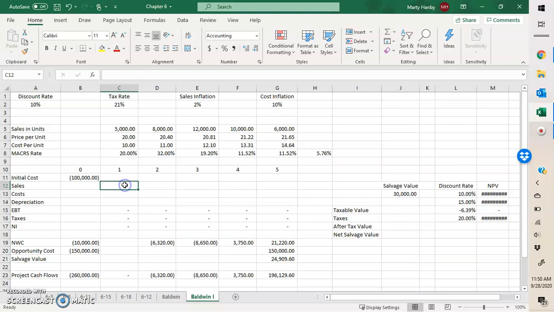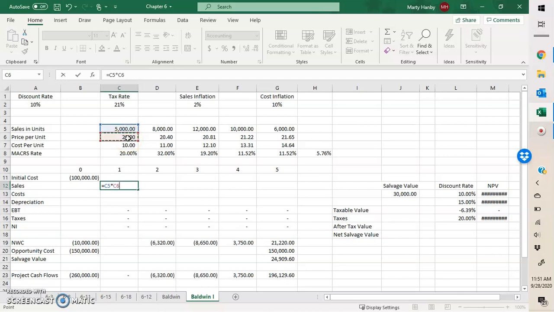Now I basically set up an income statement here. I've got sales, cost, depreciation, and I'm going to calculate earnings before taxes. My taxes use the 21% rate here. Sales is simply equals C5, that's our units, times the price per unit.